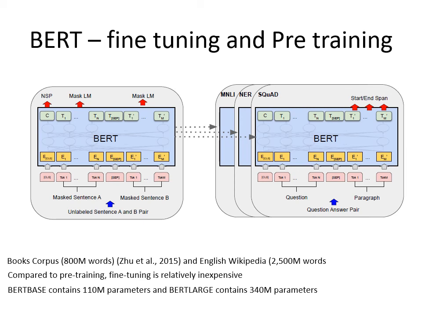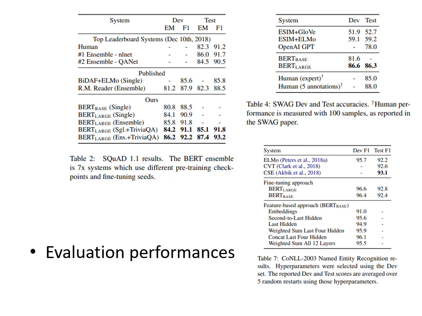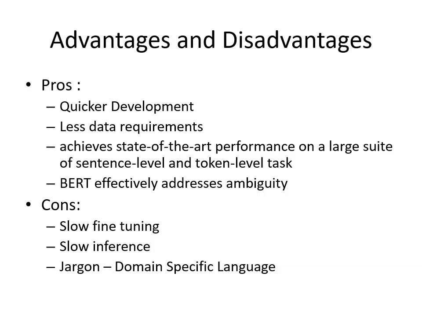So most of the time, BERT large has given good performance compared to BERT base. This slide shows the performance improvement on several tasks with BERT fine-tuning, such as question answering datasets and adversarial generation datasets. As the paper discussed, significant results were generated on each evaluated task.